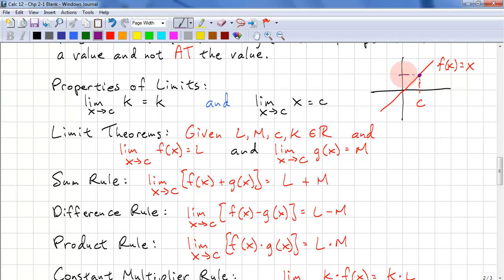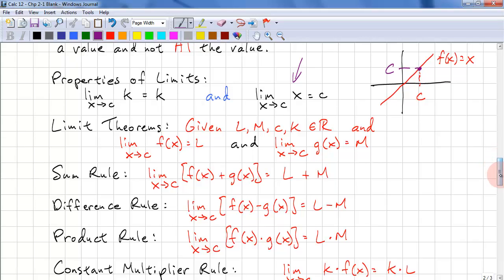Well, this value is just c, because as we approach from the left or right, we're going to approach c. This is the main limit property that you'll be using to solve most limits.